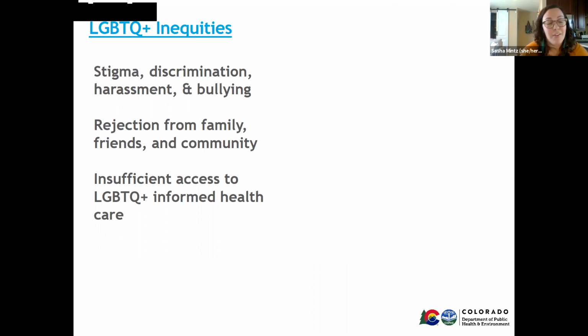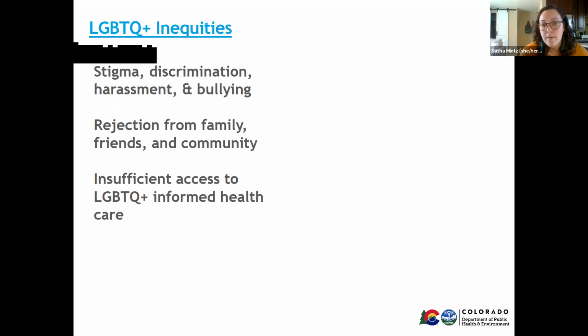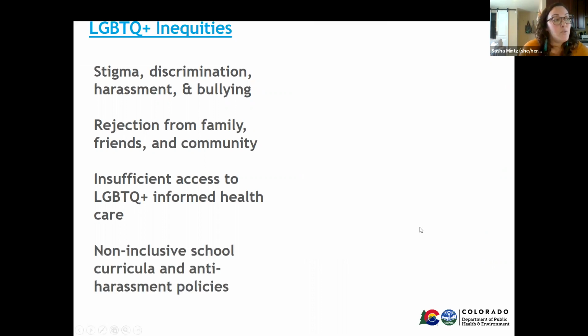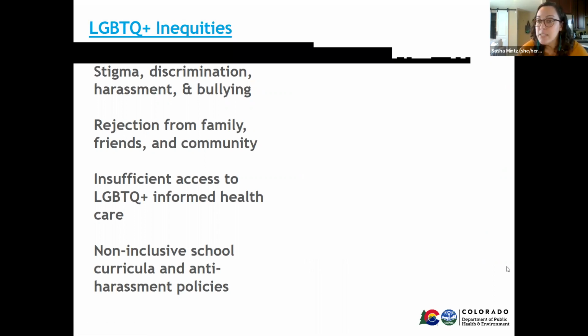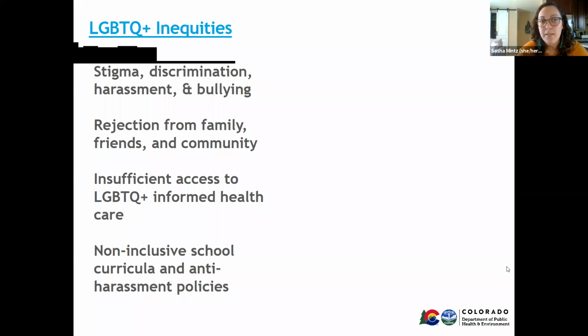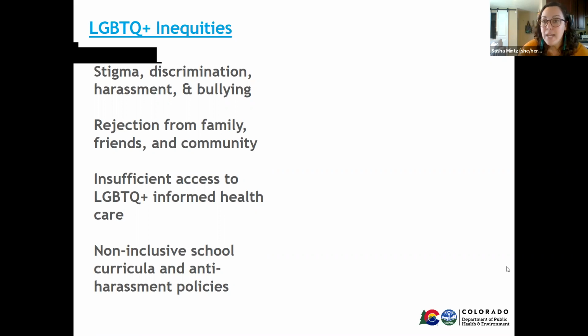This impacts health for LGBTQ+ people across the lifespan, including increased suicidality, substance use, and risky driving behaviors. We do know that having LGBTQ+ inclusive curricula at school and school policies that explicitly prohibit bullying and harassment based on someone's sexual orientation and gender identity are protective for young people for outcomes like suicidal ideation and attempts.